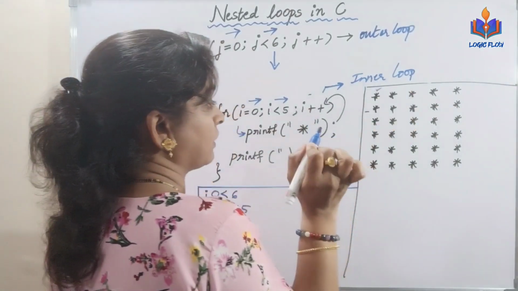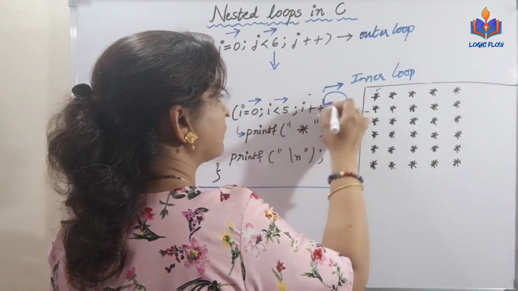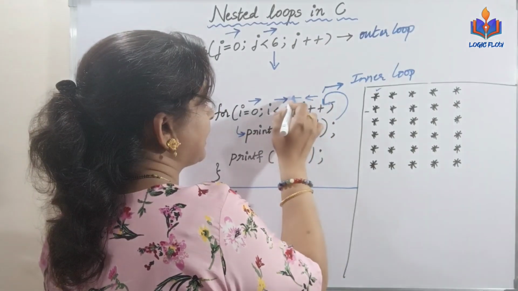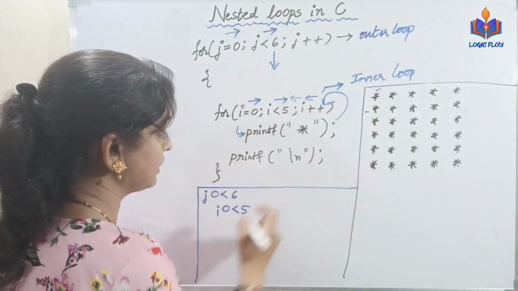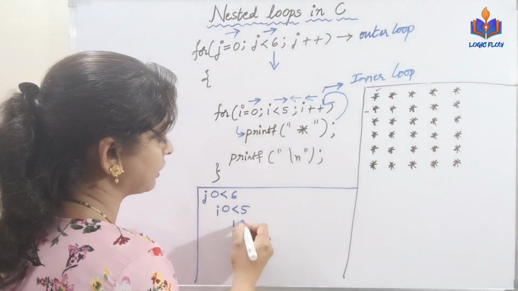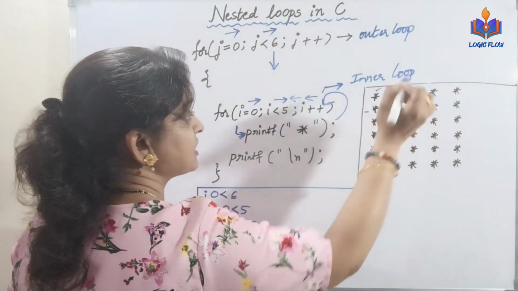This is done. Then again, I have to loop back. i gets incremented, i plus plus, then again check the condition. So here, one time the star is printed, now i is increased, so it is 1. 1 less than 5, yes. Again execute, print star, this is done.